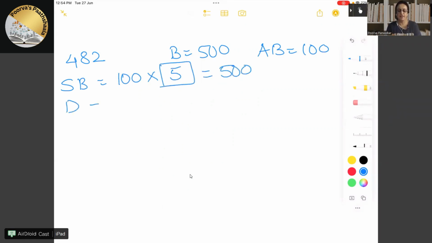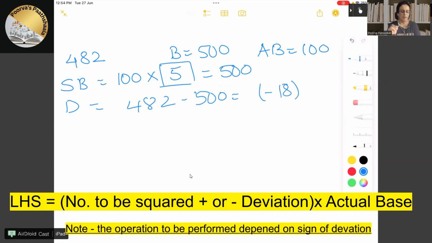Now my deviation is going to be 482 minus 500, which is minus 18. So now we start actually finding the square of the number.